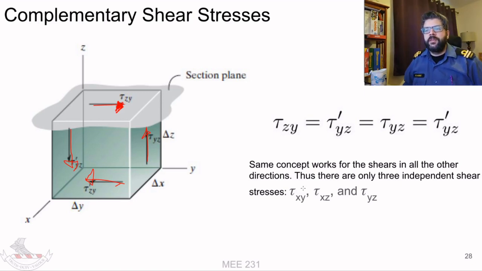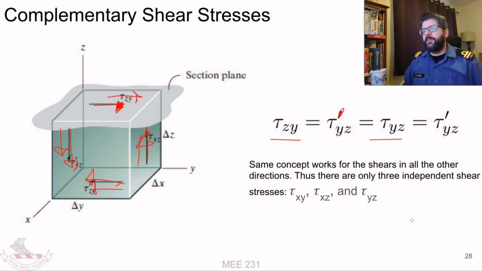So that basically means that instead of the 12 different stresses that we might have encountered, the tau zy, that's this one, needs to be equal to the tau prime yz. The prime here indicates it's on the back face instead of the front face. So that's equal to that, and it's also equal to the tau yz. All those things are equal.